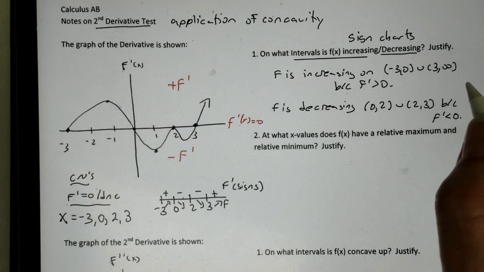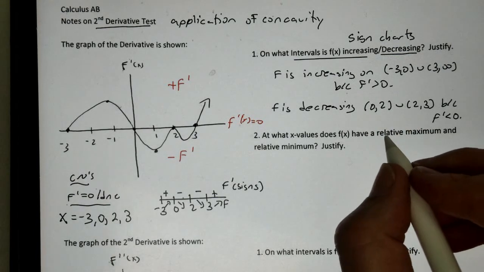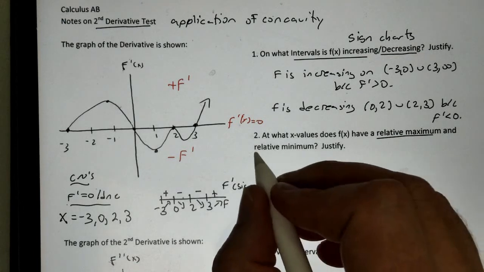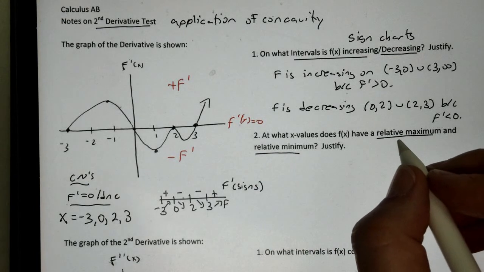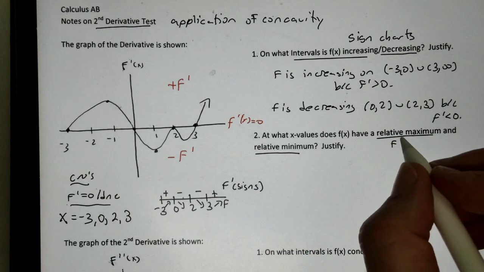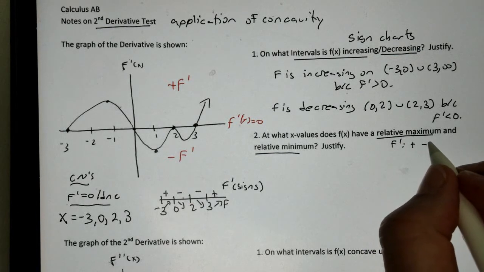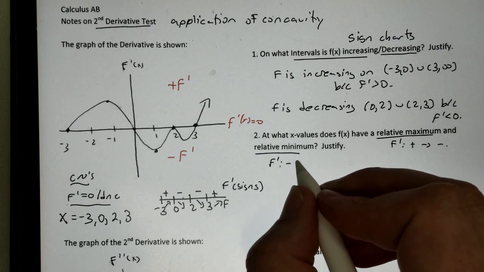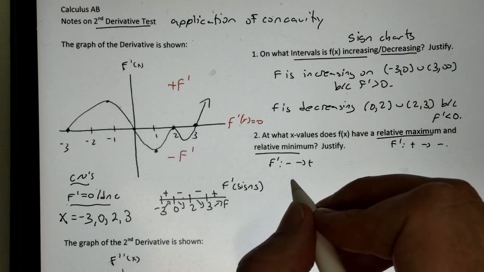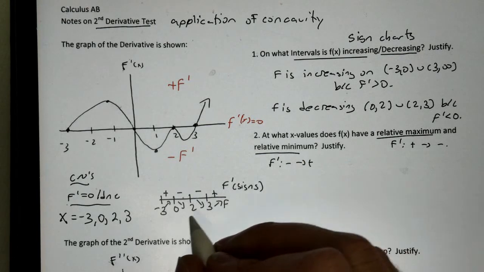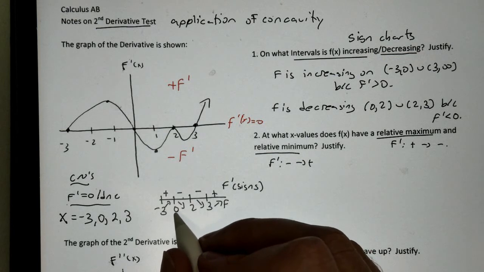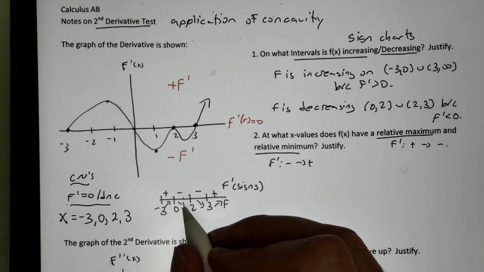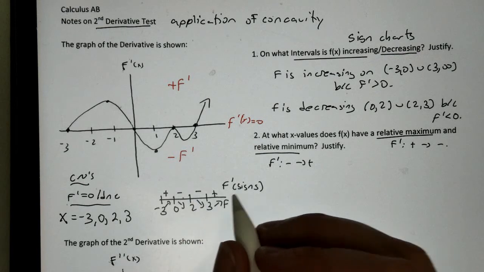Our next question, now for part 2, says, where do we have a relative maximum and a relative minimum? Well, remember, for a maximum the derivative is going to go from positive to negative, and for a minimum the derivative goes from negative to positive. So we can take a look here: at 0 we have a maximum because we're going up and then down, and at 3 we have a minimum, we're going down and up.